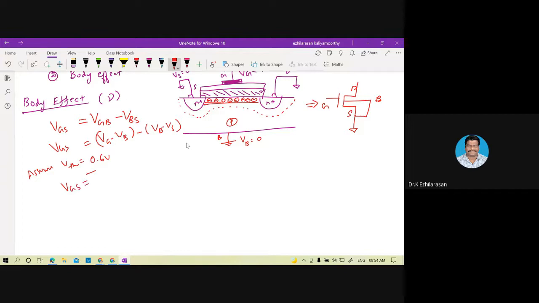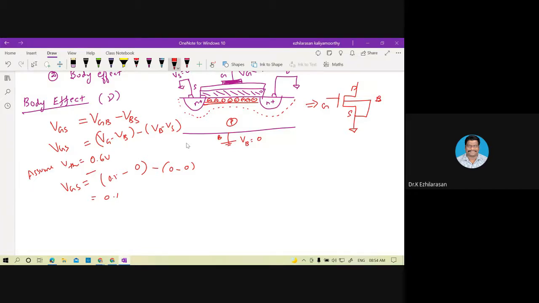The gate voltage is less than the threshold voltage, so I will take 0.1 volt minus VB. Initially I will consider VB as 0 volt only, and the source is also 0, then VGS is positive, no problem, nothing will happen.